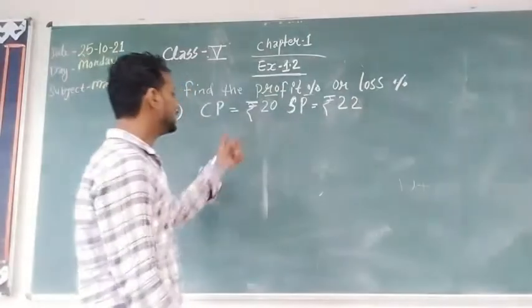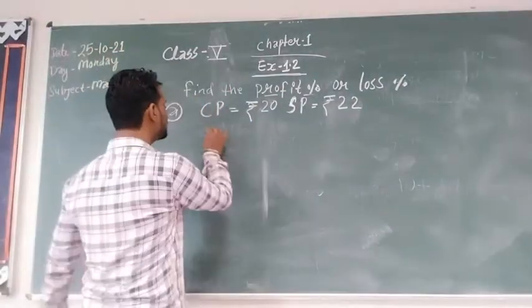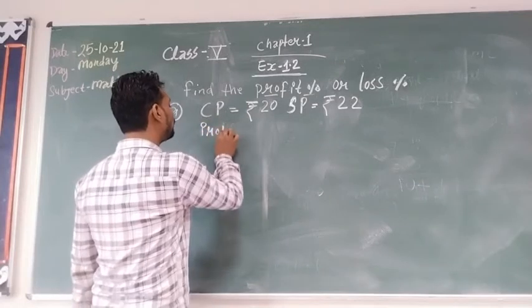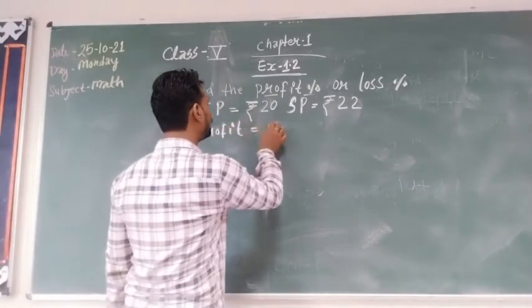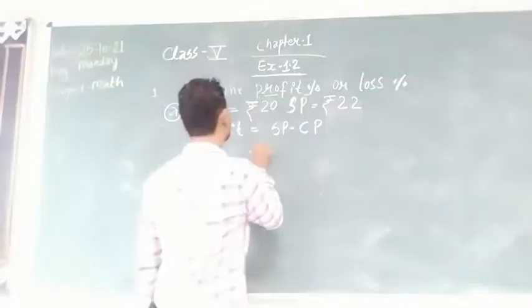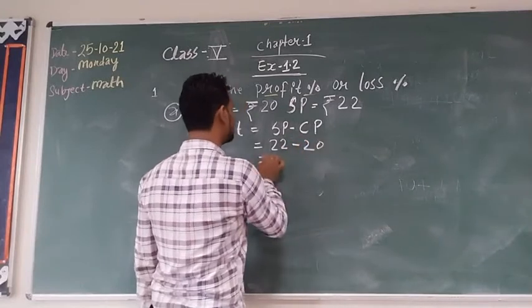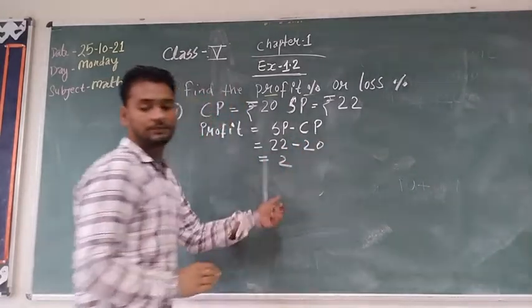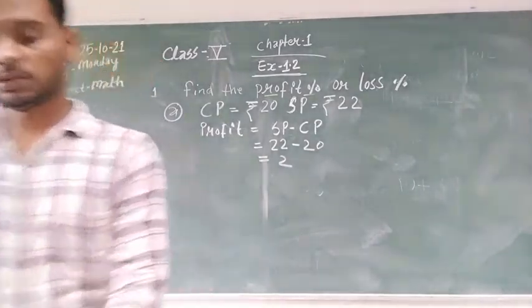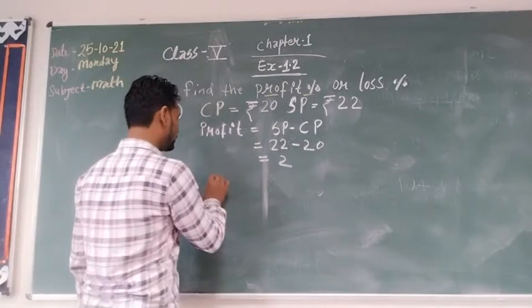Here again the sale price is greater than the cost price, so this is a case of profit, and profit is sale price minus cost price. It means 22 minus 20 is equal to 2.